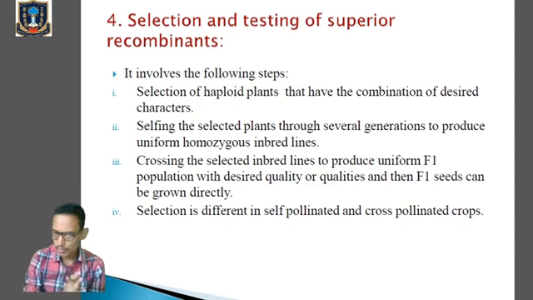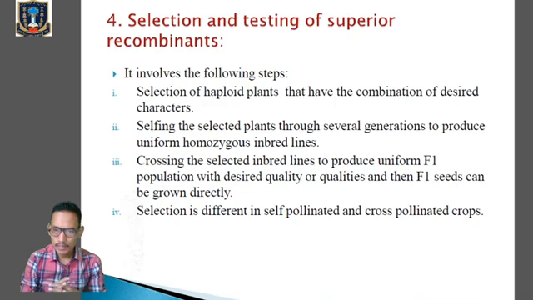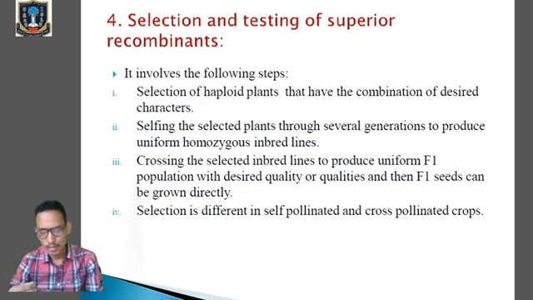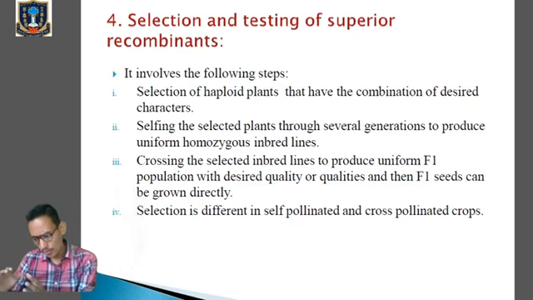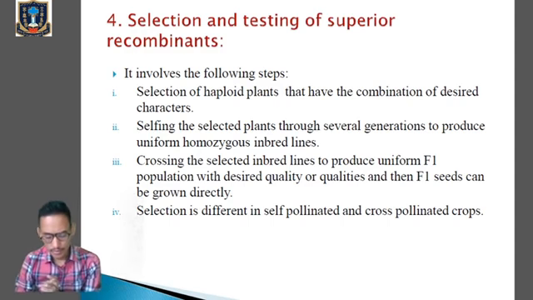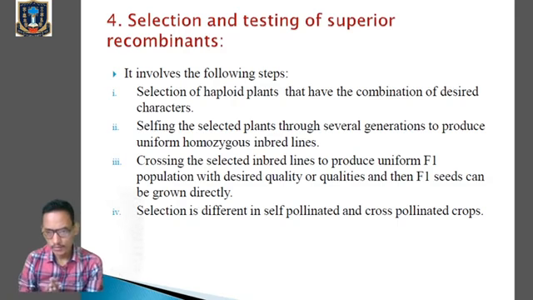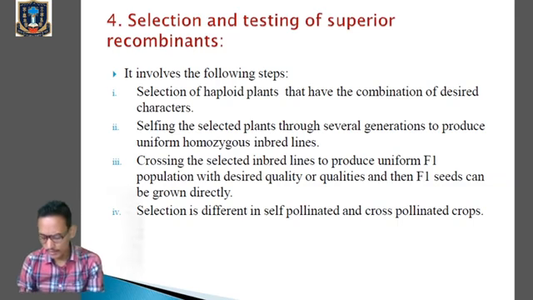So we are going for self-pollination, selecting those plants which have desirable qualities and can produce desirable quantities. This selection isolates the homozygous genotypes present in the population, maintaining the pure line, and the process is known as pure line selection.